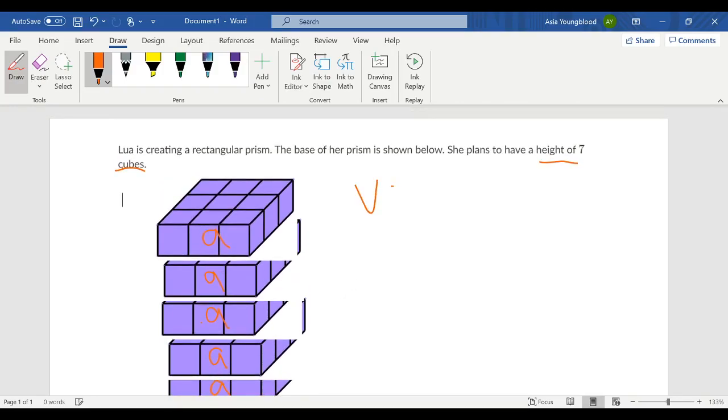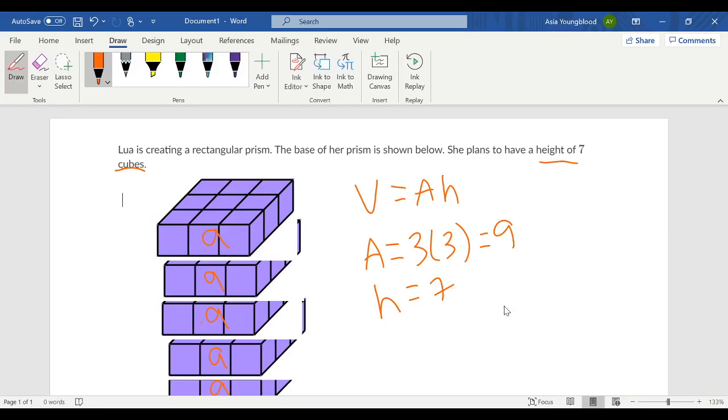So volume is going to be the area of the base times height, where the area in this example was 3 times 3, which got us 9, and our height is 7 because that's what they told us in the original problem.